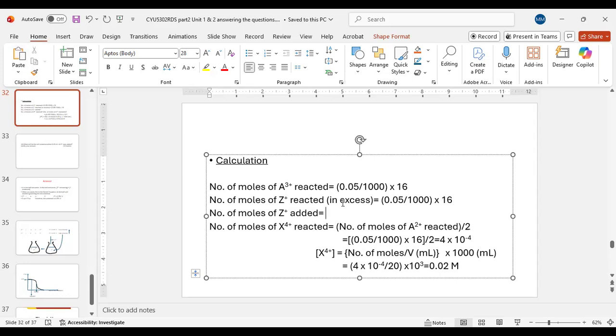How many moles did we add? 0.1 into 20 into 10 to the power minus 3. We added 20, no? Yeah, ma'am. Into 10 to the power minus 3. Yes, madam.